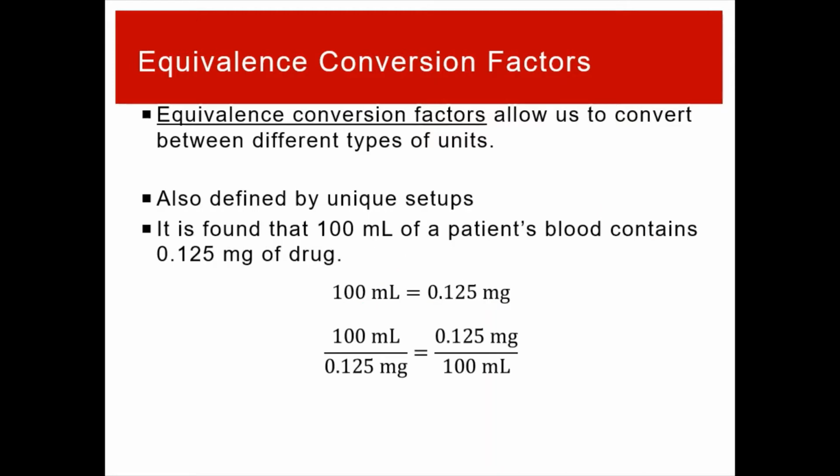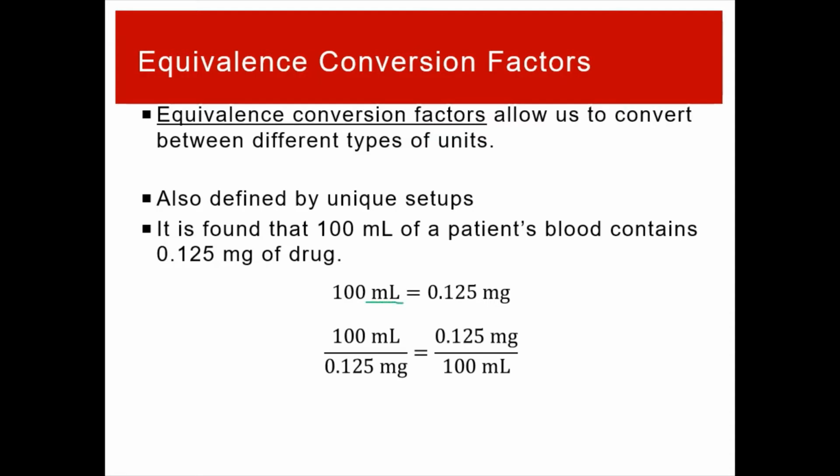You can also have unique setups that let you do this. They're just equivalences, they're just defined to be equivalents. So for example, it's found that 100 milliliters of a patient's blood contains 0.125 milligrams of drug. That allows you to do a relationship.